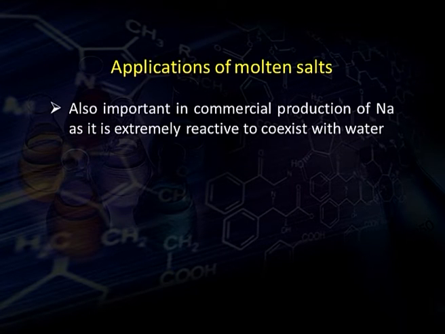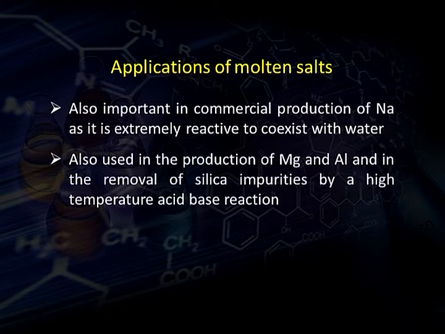Also important, the molten salts are important in commercial production of sodium, as it is extremely reactive to coexist with water. We know that sodium, when it comes in contact with moisture or water, catches fire because hydrogen is released. So, we cannot prepare sodium in water, but this can be done with the help of molten salt.